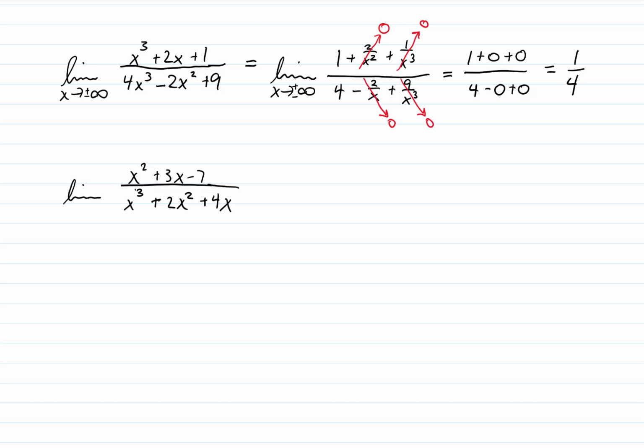How about that? And this is going to work out the same whether x goes to positive or negative infinity. Okay, the trick is 100% the same. I look at the denominator and I see the highest power is x cubed, so I divide everything by x cubed.